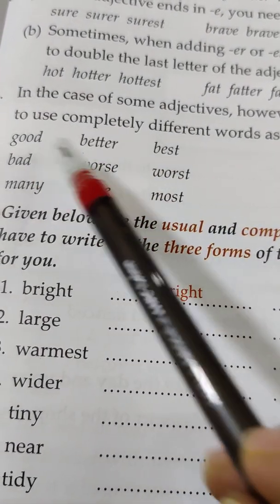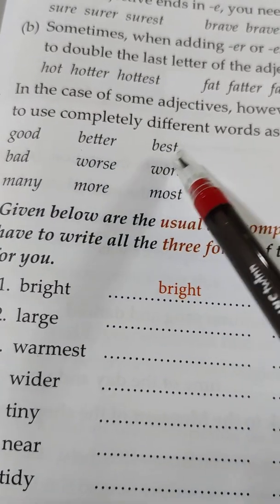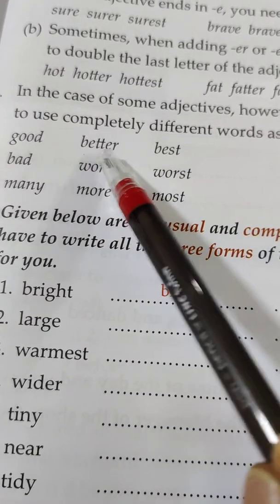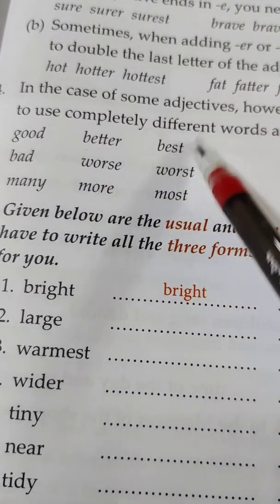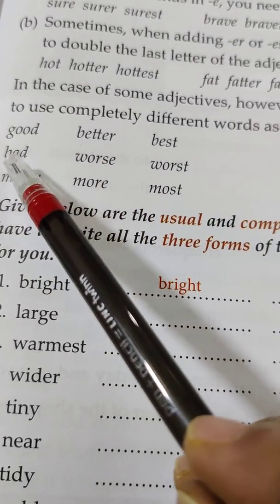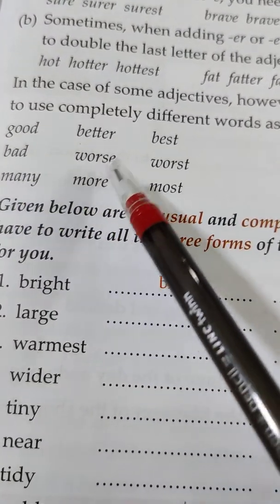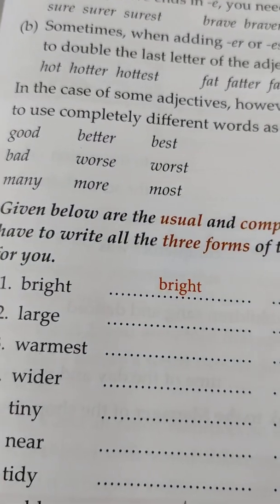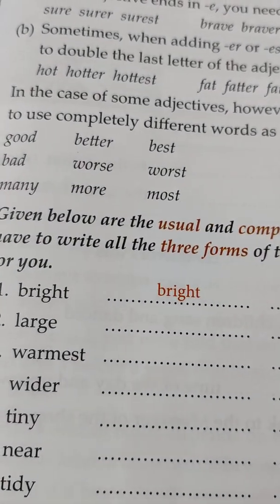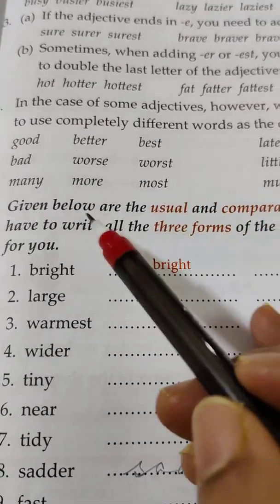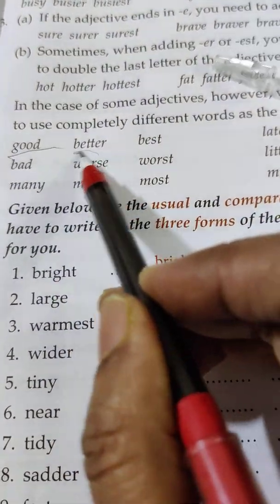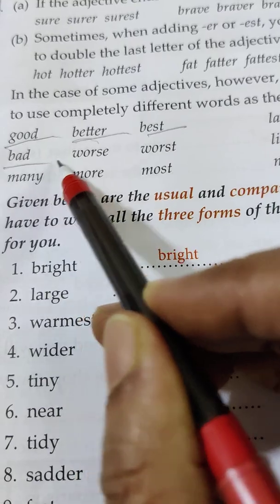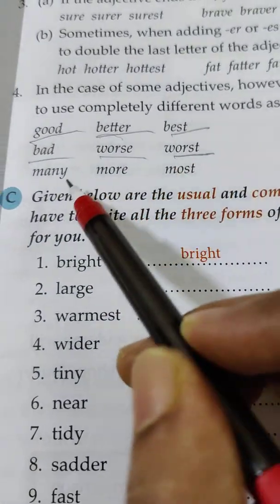It means comparison between two persons, and comparison with more than two. Simply again here, bad, worse, worst. You have to underline this and learn it. It may also be asked in the exam, so you have to learn all this. Good, better, best. Bad, worse, worst.